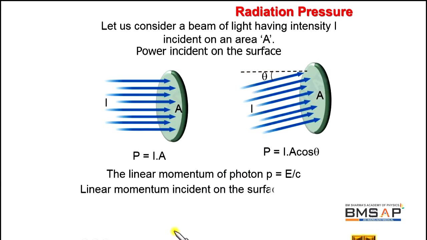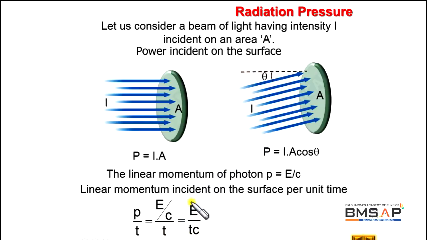That is p divided by t equal to E divided by c, and overall divided by t. And you know, this E divided by t is nothing but power. So, this is power divided by c, right.